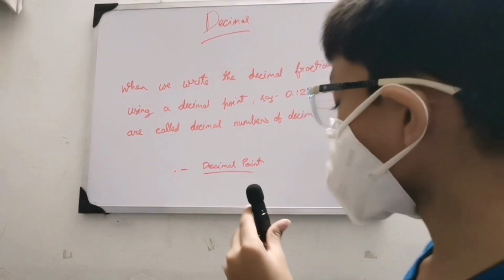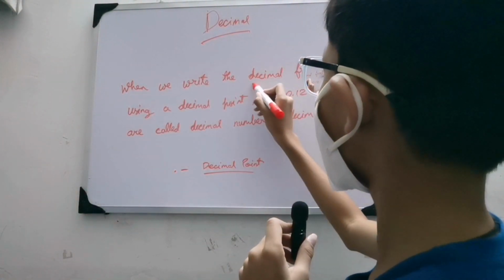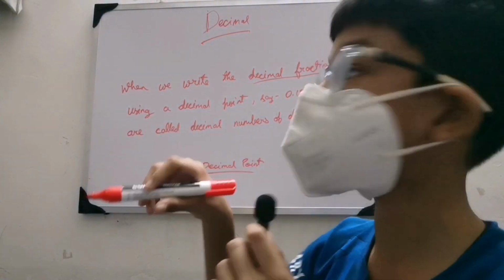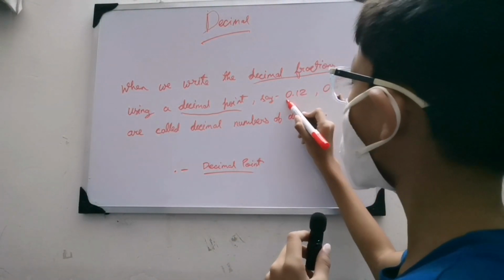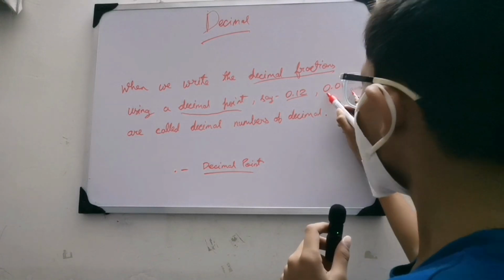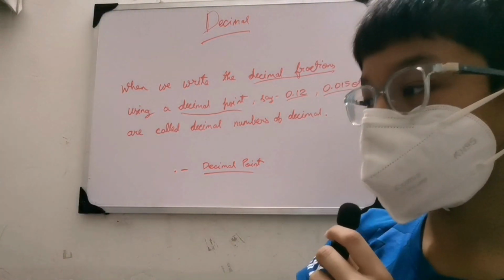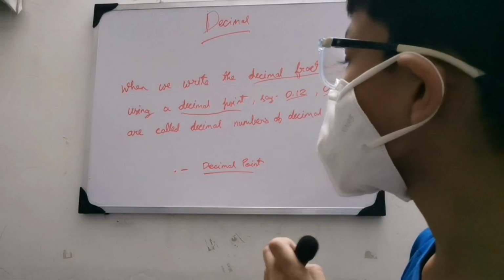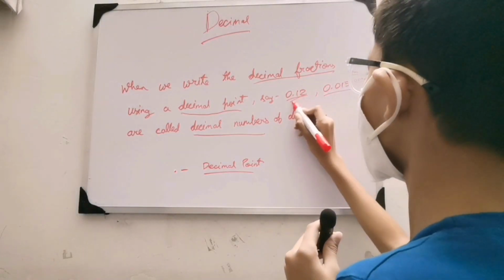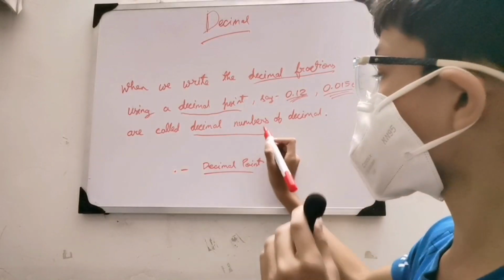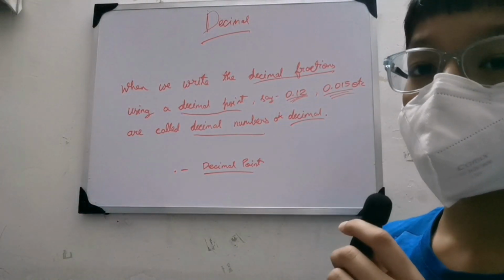Yeah, guys. So now what are decimals? When we write a decimal fraction using a decimal point, say 0.12, sorry, 0.12, 0.015, what I showed you in the previous example, they are called decimal numbers when they are written in decimal form like this, called decimal numbers or simply decimals.